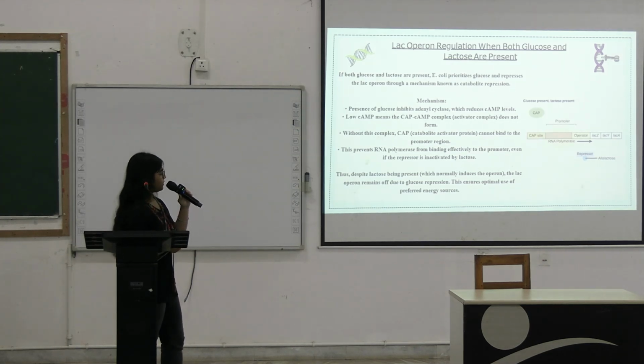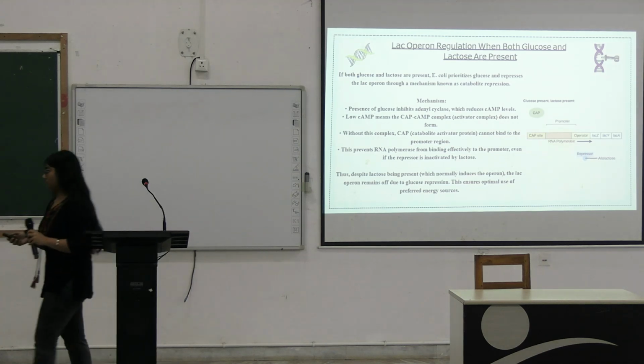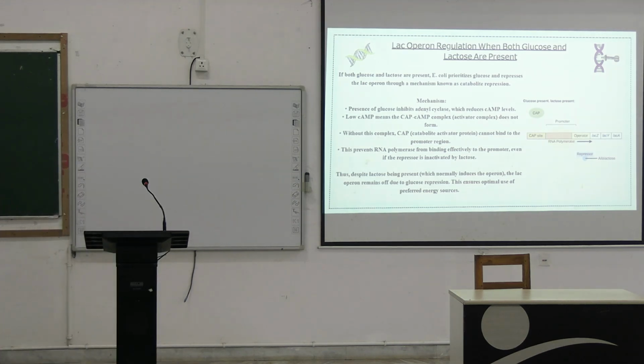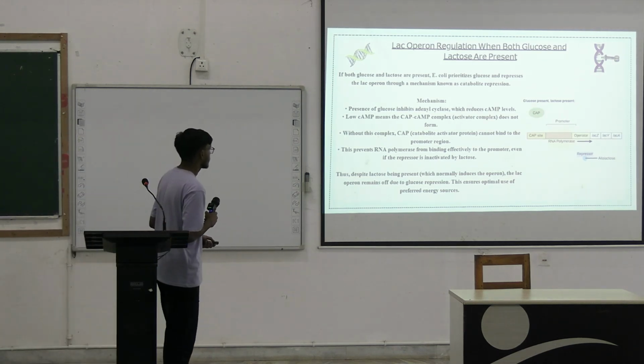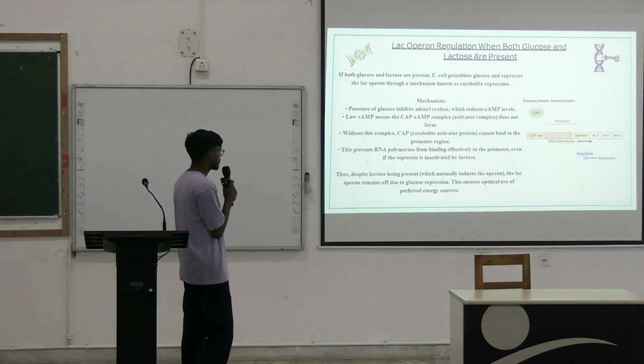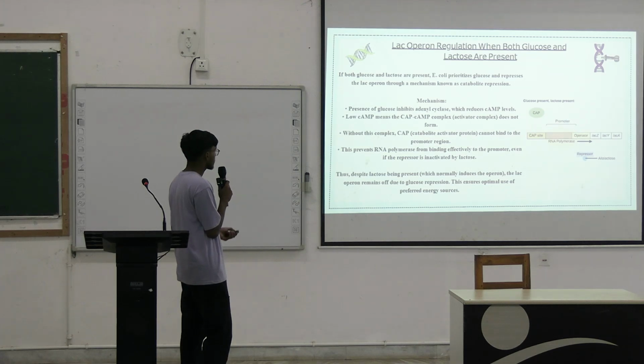So the RNA polymerase is not bound near the promoter anymore. Lac operon regulation when both glucose and lactose are present.